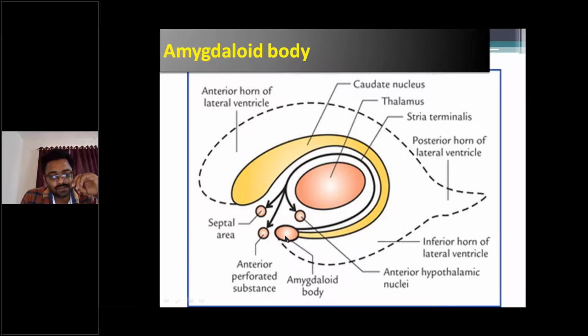It is situated in the anterosuperior part of the inferior horn of the lateral ventricle.